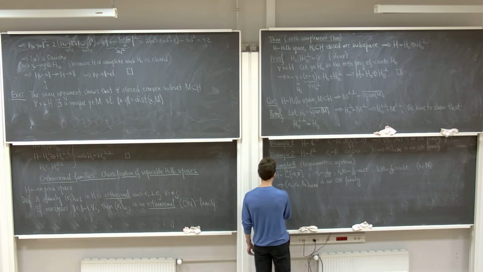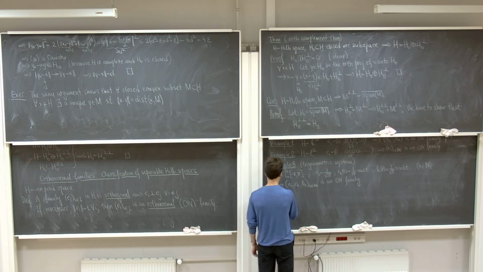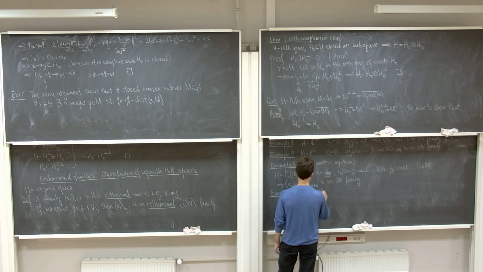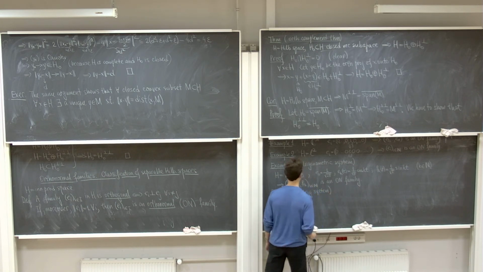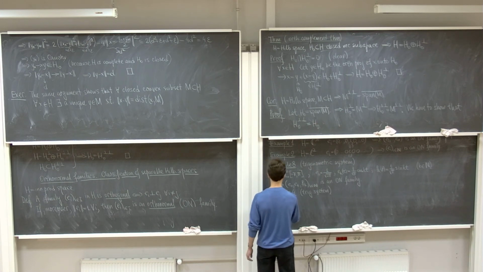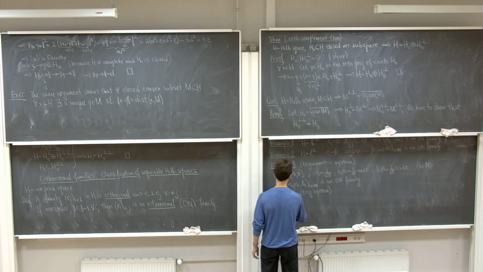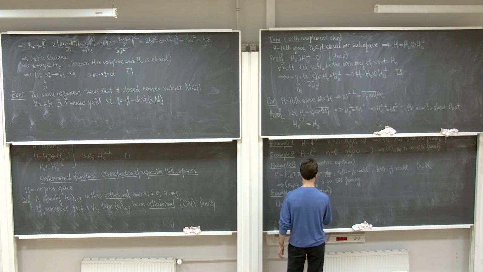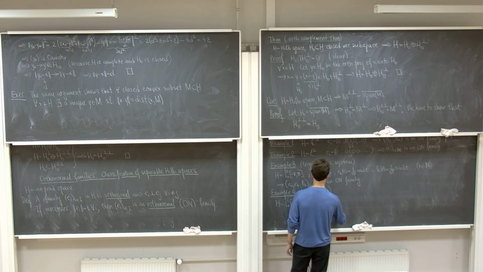Okay, example 4. Example 4 is again the trigonometric system, but in a slightly different form. Again, H is the same big L2 space over the interval from minus pi to pi. And for each integer k, we define e_k of t by the following formula.